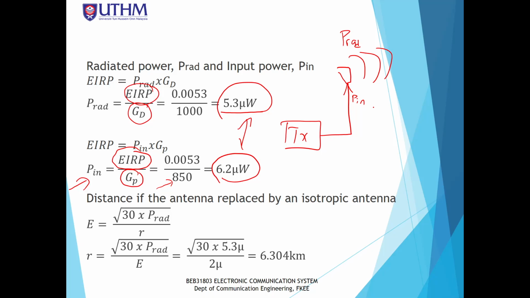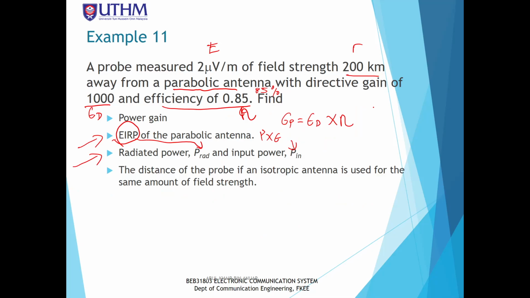Okay, and then the last question says to find the distance of the probe if an isotropic radiator is used for the same amount of field strength.